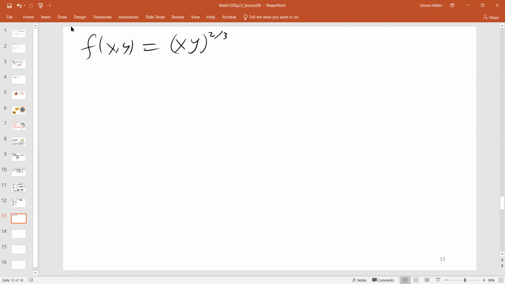As long as x and y stay away from 0, this function is pretty easy to look at. The real problem is when one of them is 0, and it's going to depend on how we approach this. So for instance, what is f of 0, y for any value of y? It's just going to be 0. And f of x, 0 for any value of x is also just 0.